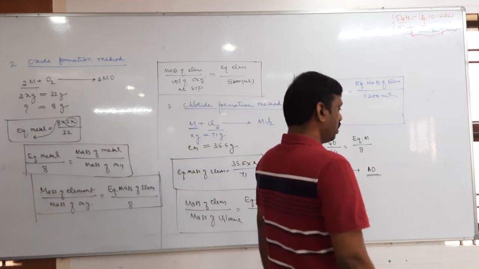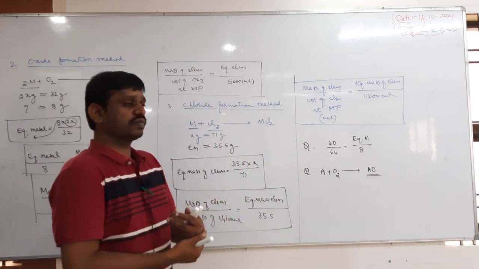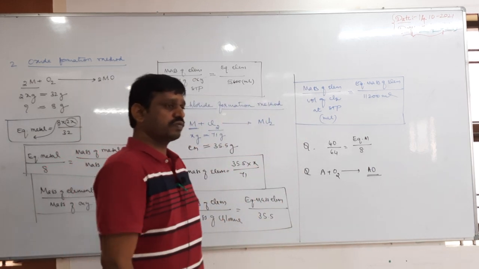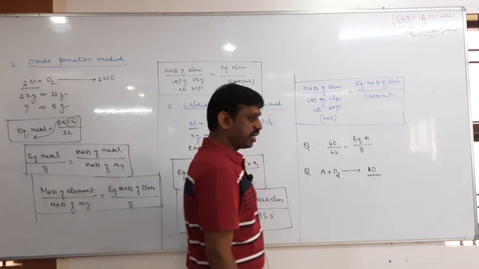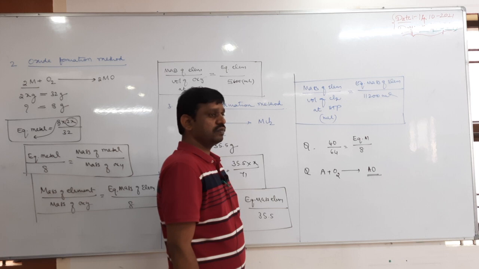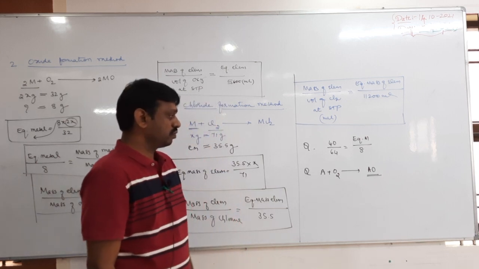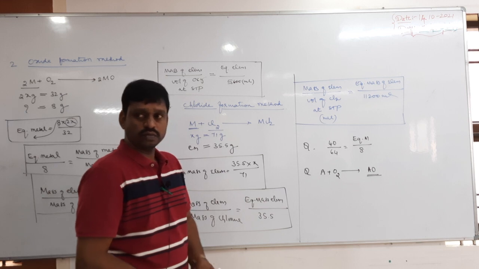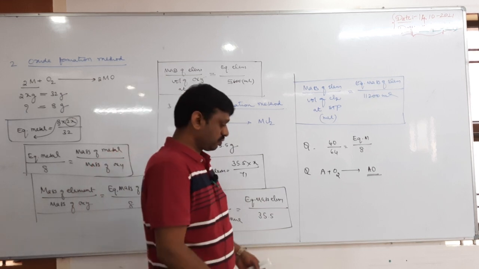In bracket, the mass of the metal is 60 gram. Calculate the equivalent mass of metal.